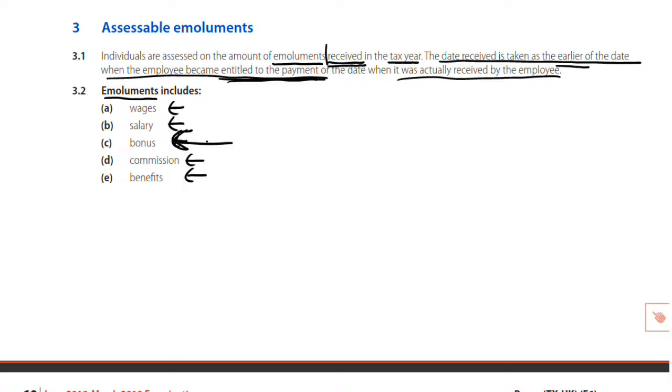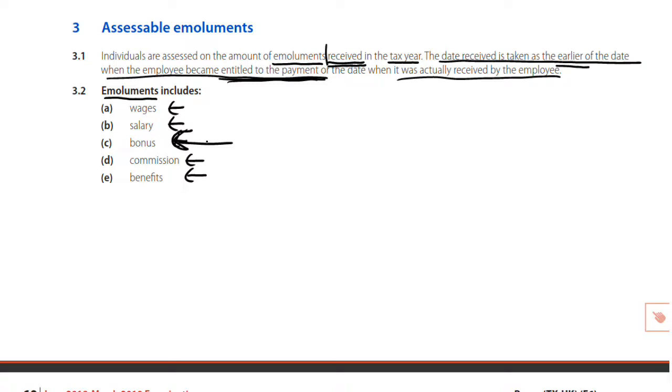So what happens, therefore, you may be told that an employee became entitled to the bonus in, say, March of 2018, but did not actually receive that bonus until May 2018.